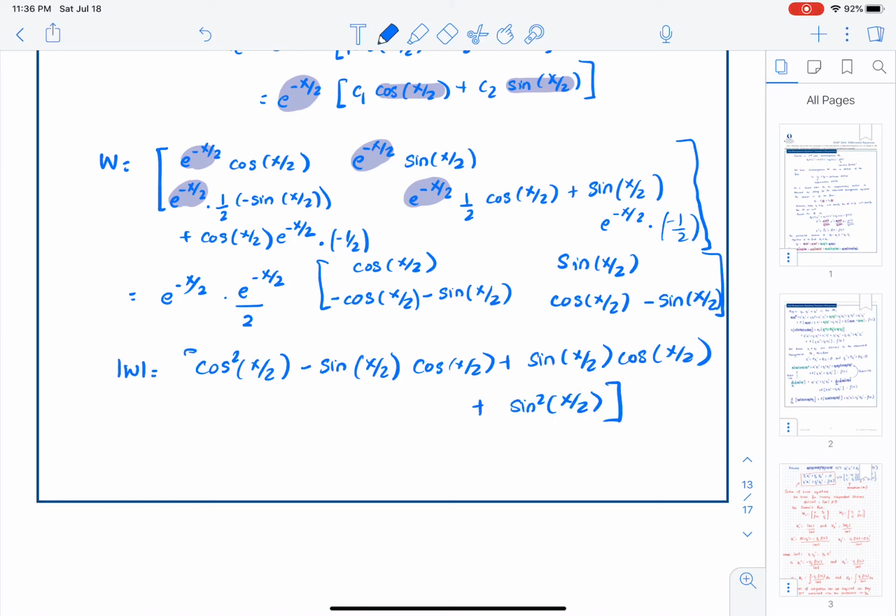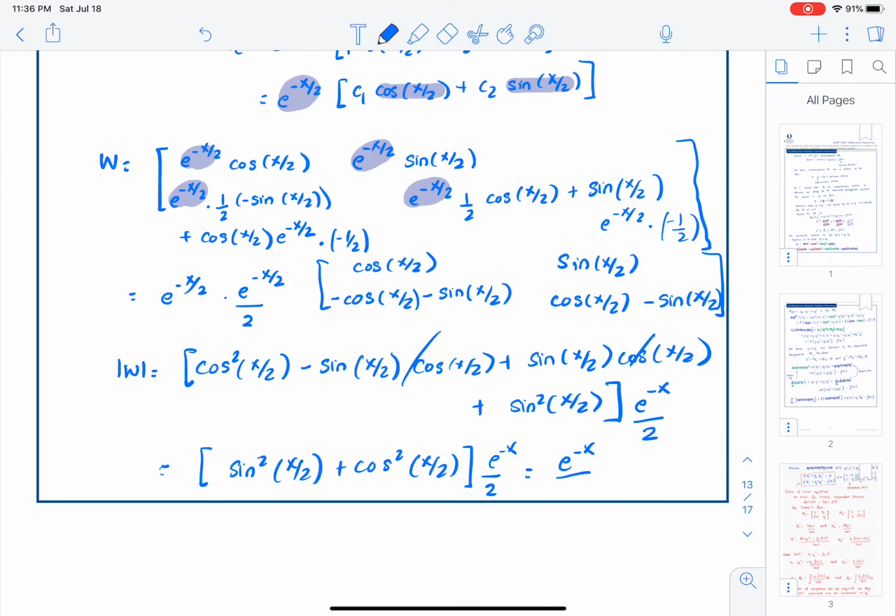Do not forget the term outside, e raised minus x over 2. Those would go away, and we would have sine squared x over 2 plus cosine squared x over 2 multiplied by e raised minus x over 2, which would simply be e raised minus x over 2.